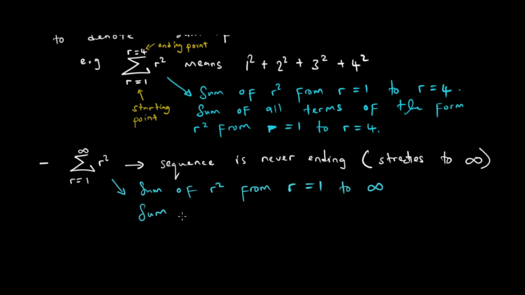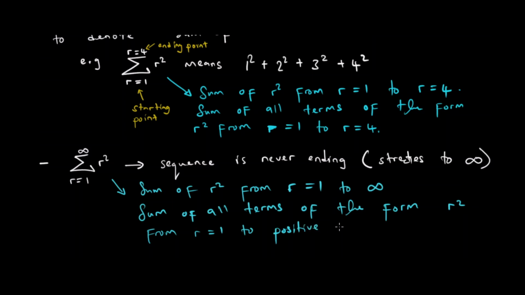We can write the sum of all terms of the form r squared from r is equal to 1 to, it's very important, positive infinity. We can as well put a positive sign here. It's permissible like that. So, this notation is mainly used to summarize a series.